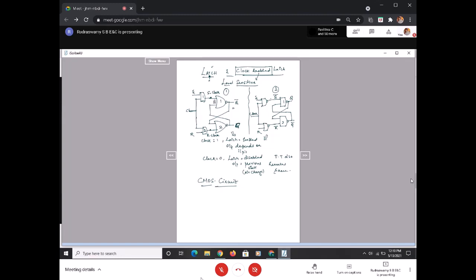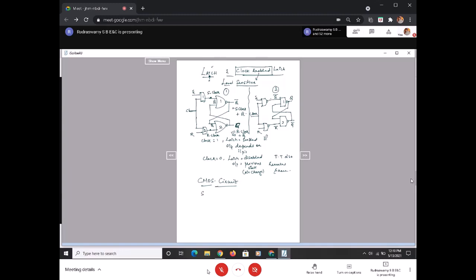And this is Q and this is Q bar. I can simply write Q bar as S into clock ORed with Q. Yes or no? Similarly, what is my Q? It is basically R into clock plus the Q bar, and that is what my structure is.